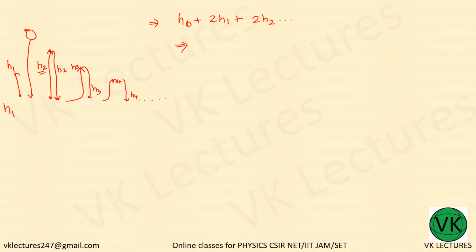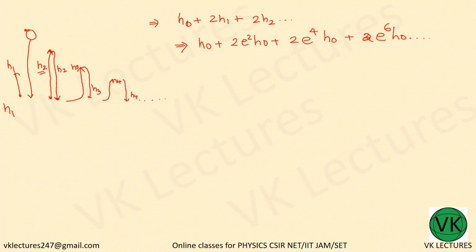Now in terms of e, we will write it as h0 plus 2 times e square h0 plus 2 times e to the power 4 h0 plus again here it is 2 times e to the power 6 h0, and it goes on, right?